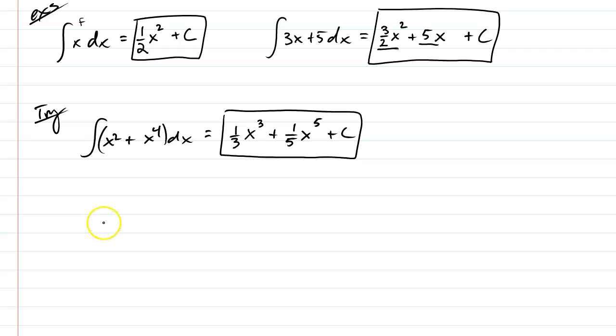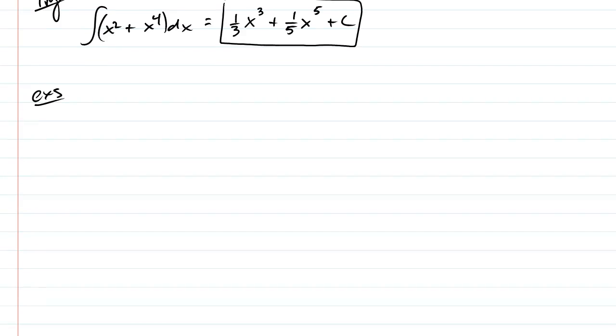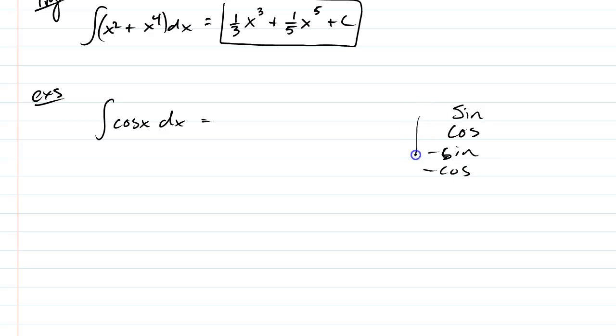Alright, so there are a few other ones that you should know now, because it's just backwards deriving. Like, for example, the integral of cosine x dx. Well, think of the derivative tower. Negative sine, negative cosine. This way is d dx, so this way is integrating. Finding the antiderivative.